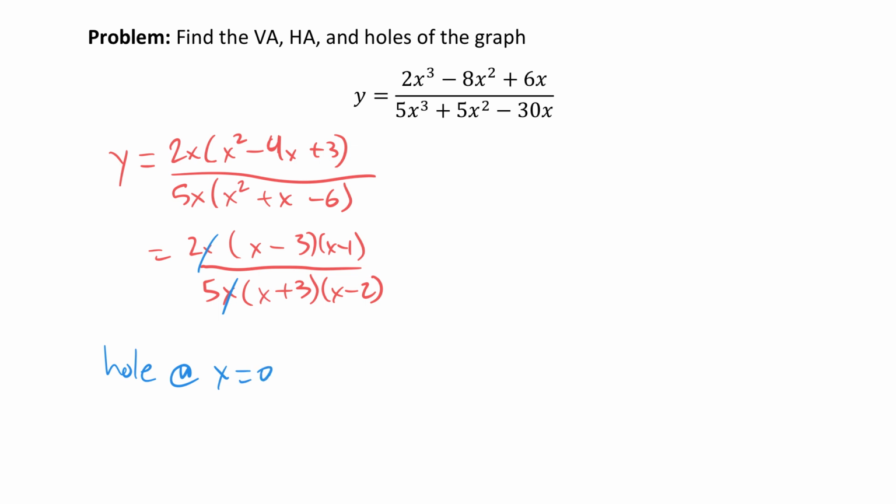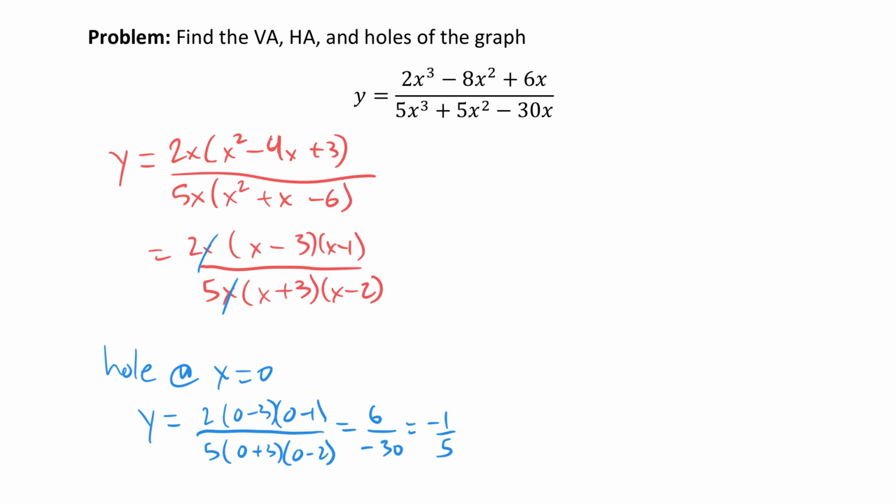And we can quickly determine the coordinates of that hole by plugging it in. So y equals 2 times (0 minus 3)(0 minus 1), over 5 times (0 plus 3)(0 minus 2). That's going to give us positive 6 over negative 30, or negative 1/5.